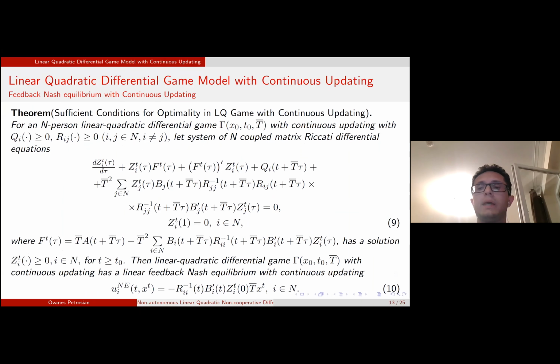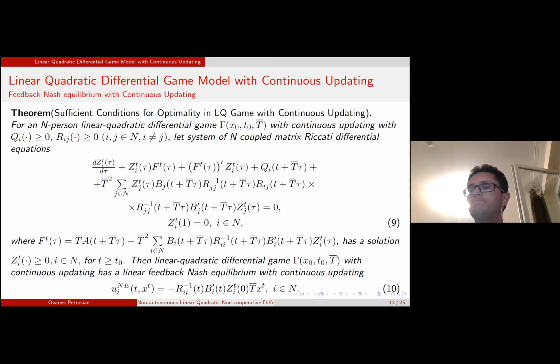Formula 10. Another important point is that the theorem which is presented here on the slide also presents the necessary conditions for the case of two players.